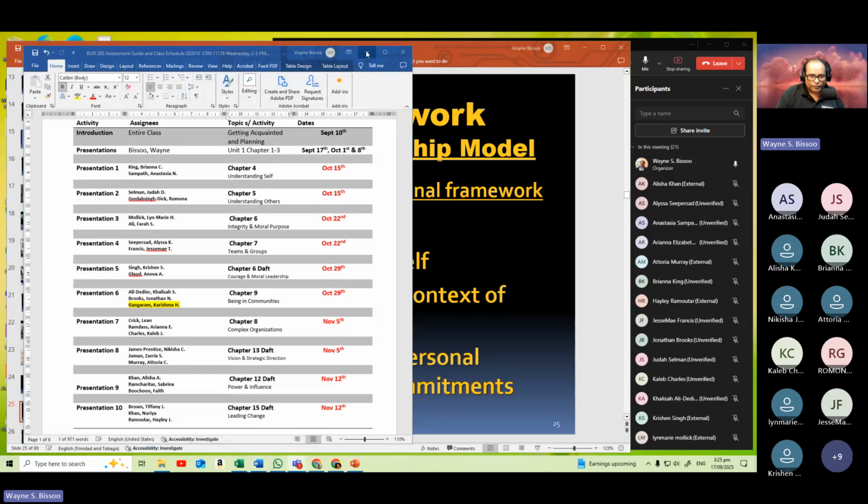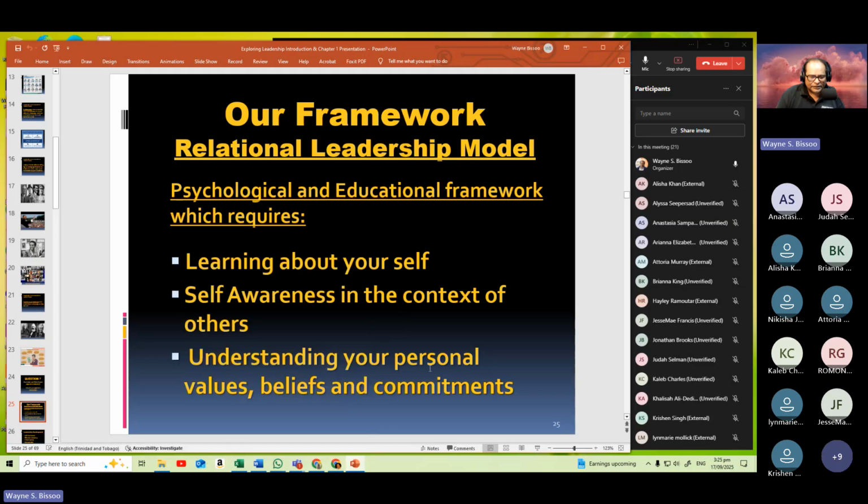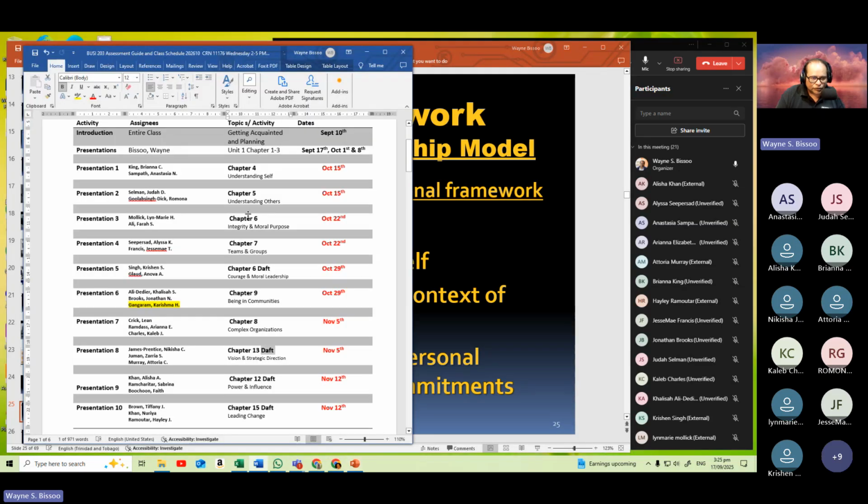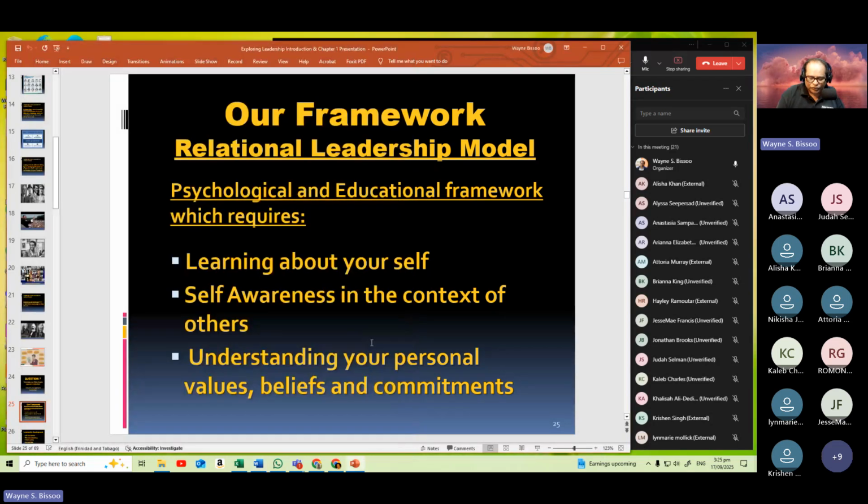We're going to be looking at understanding your personal values, beliefs, and commitments. That is going to be related to integrity and moral purpose, as you can see here, chapter 6. And we're also going to be looking at your ability to work in groups. So we understand that in a lot of our basic preparation for leadership, we have to start with self.